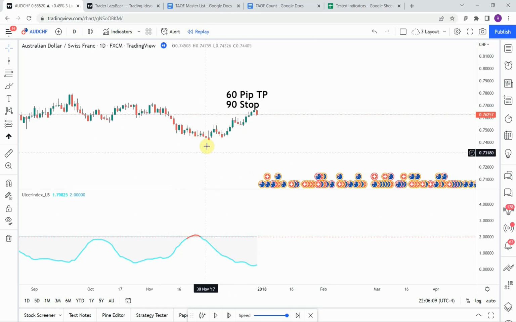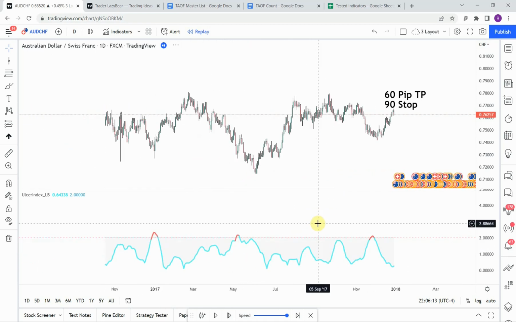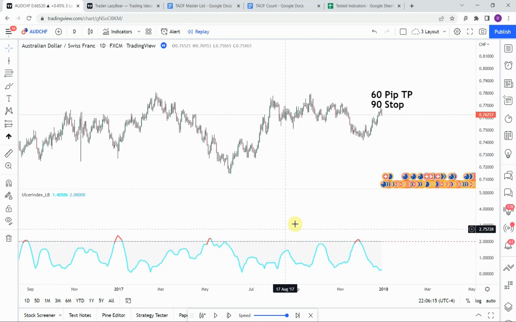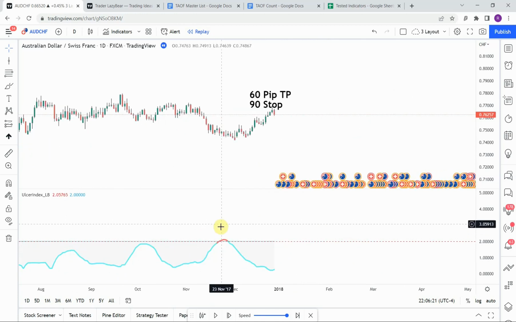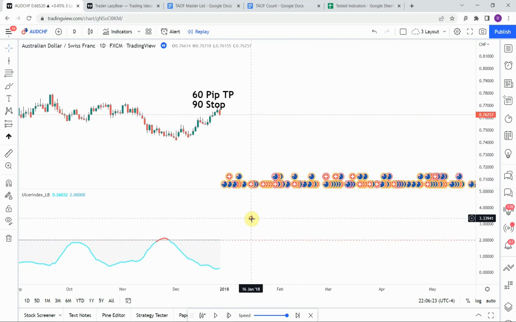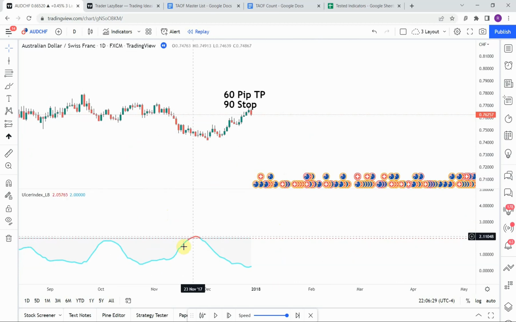Basically, it's picking up these areas where there's a lot of activity taking place. If I scroll back a little bit here, you can see that we get these spikes above that cutoff line up here where the line turns red. And to make it even more challenging, there's really no direction to this. It basically just spikes when it picks up a lot of activity.